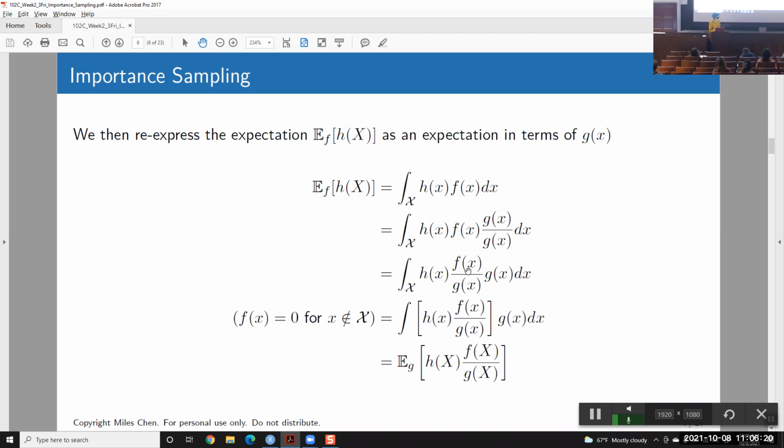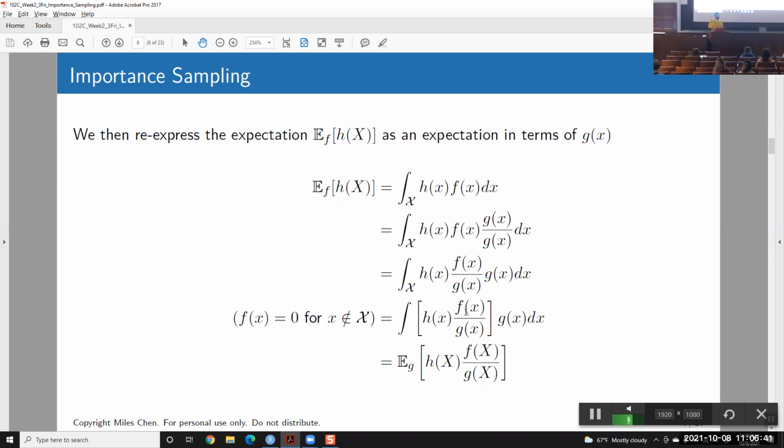I can rearrange terms, and this is back in the form of the integral of some arbitrary function times a PDF. It's just that our arbitrary function looks a lot more messy. It's h of x times f of x divided by g of x.